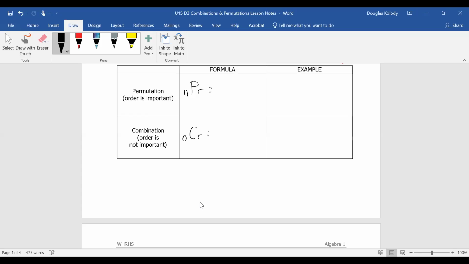Now, I did go over the formula for permutation the other day. It's n factorial divided by (n minus r) factorial, where n is the total number of objects and r represents the number that you're choosing from the total.